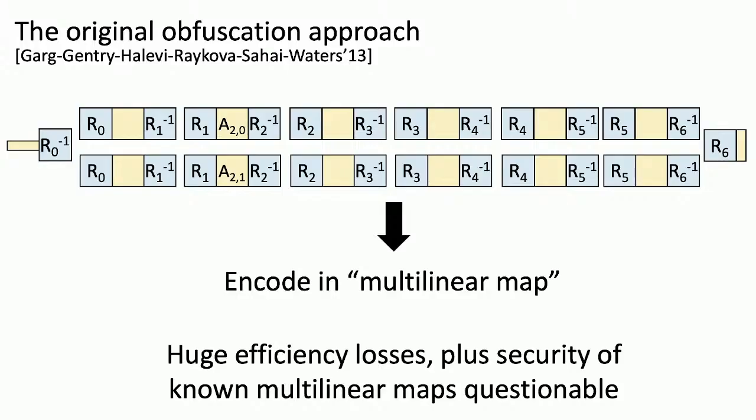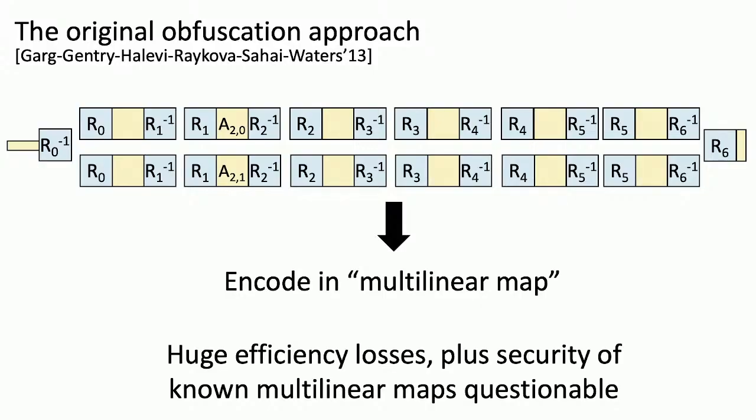Okay, that's great. But one issue is that doing this encoding in the multilinear map, I mean, it's already not efficient getting to this point, but then encoding in the multilinear map just blows things up even more. And to make matters worse, I unfortunately didn't put the citations up here, but there were a bunch of attacks, maybe starting 10 years ago, that really significantly damaged the security of these multilinear maps.